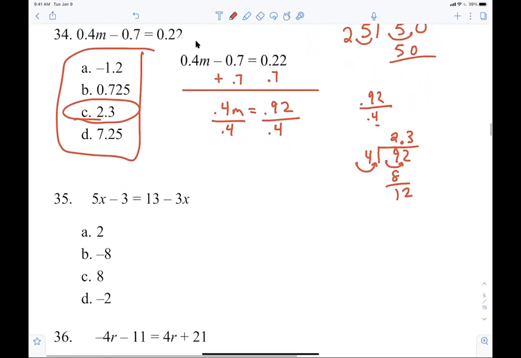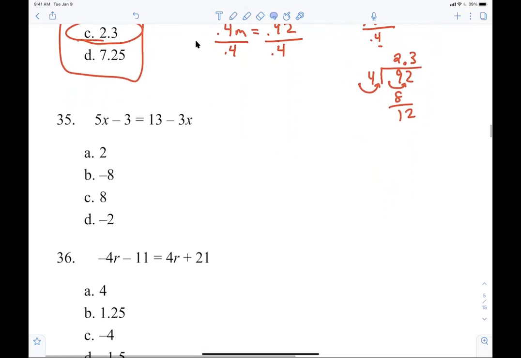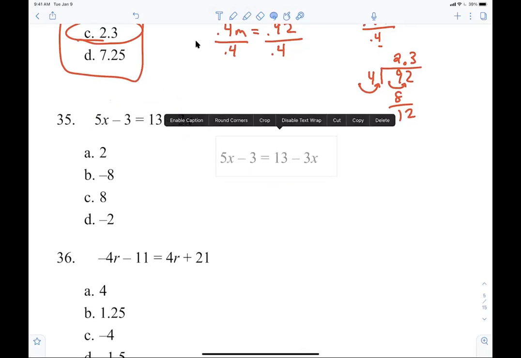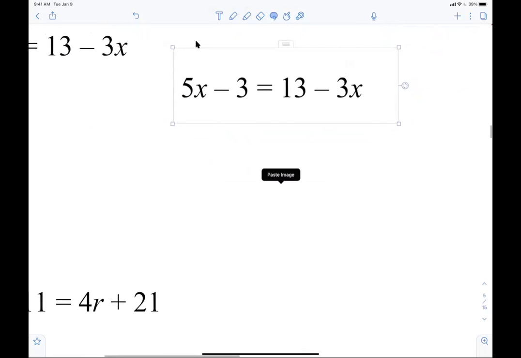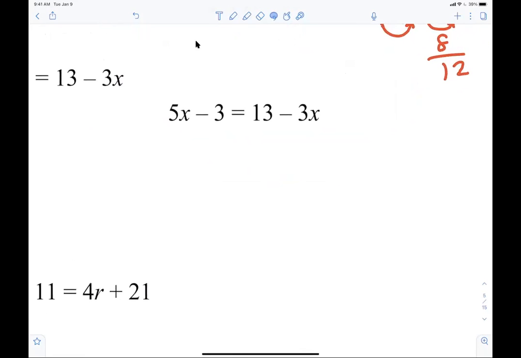All right, let's look at 35. All right, variables on both sides, okay. Now remember what we said. We want variables on the left, numbers on the right. Variables on the left, numbers on the right. Thank you.